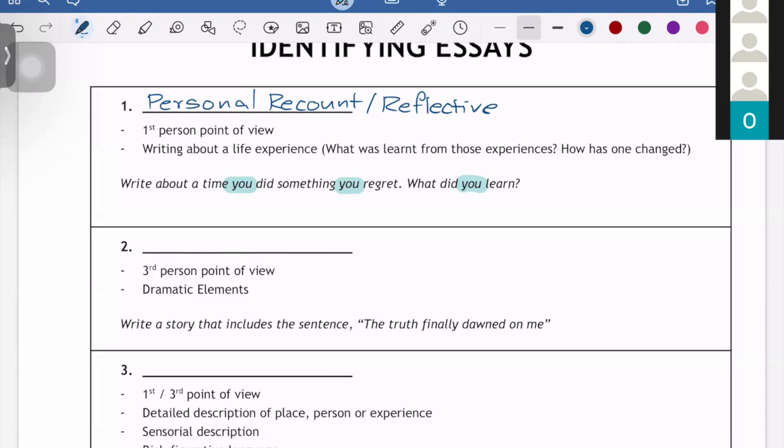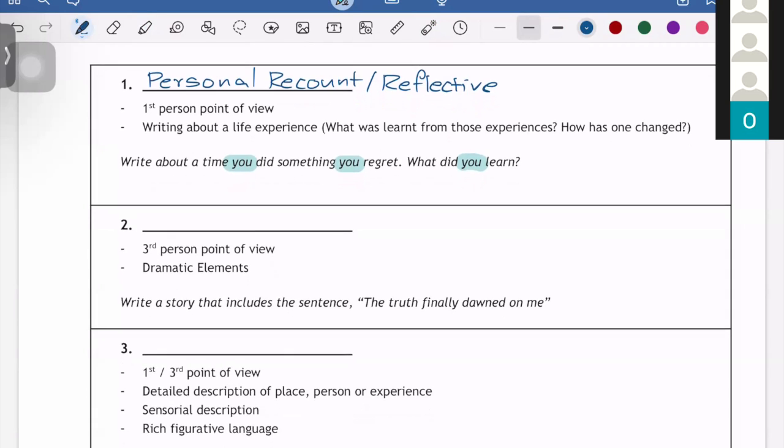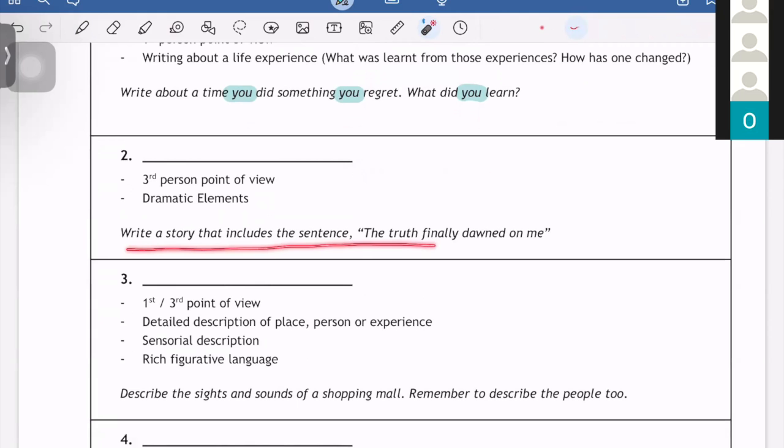So for this essay type, it's based on your experience. You're writing it from your point of view. Second type, this would be a third person point of view. You would be including dramatic elements. An example, write a story that includes the sentence, "The truth finally dawned on me."